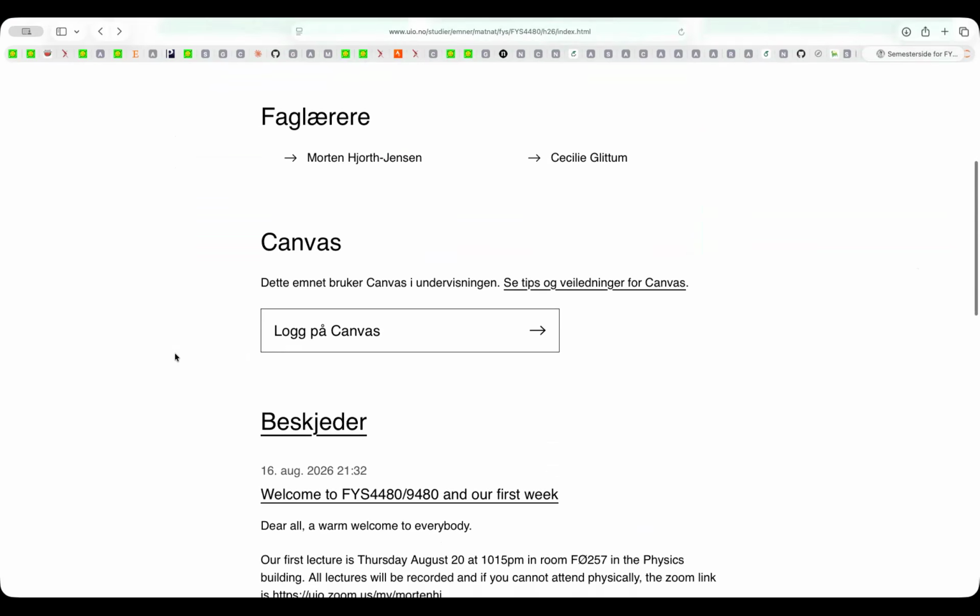If you scroll down, we are going to use Canvas for handing in the midterm exams. There are going to be 2 midterm exams, and they count 25%. Depending on how many we are at the end, we may have either a written or an oral examination. If we are more than 10 people, we will tend to offer a written exam, but this is something we can discuss.